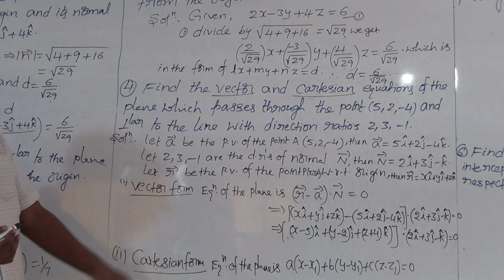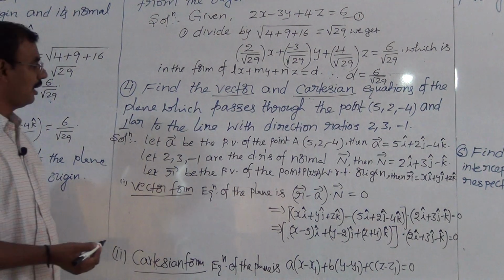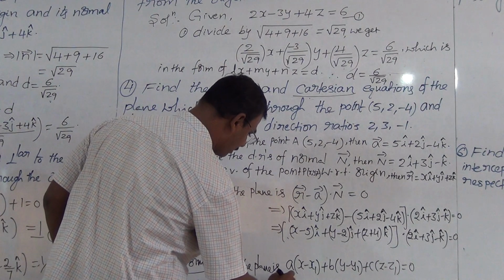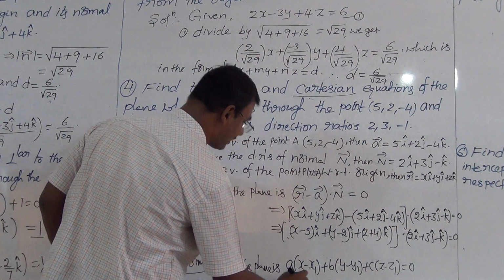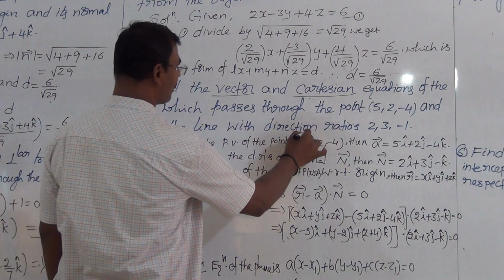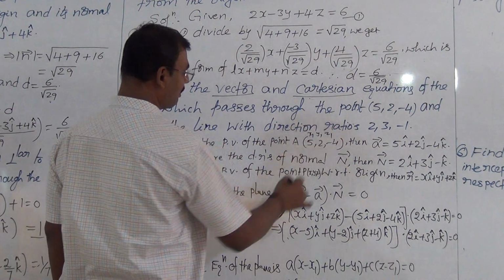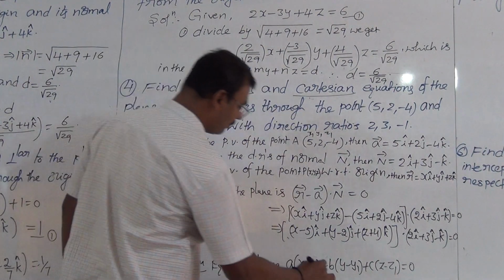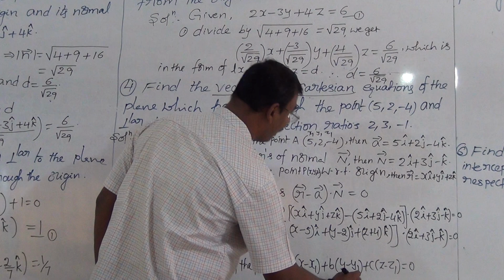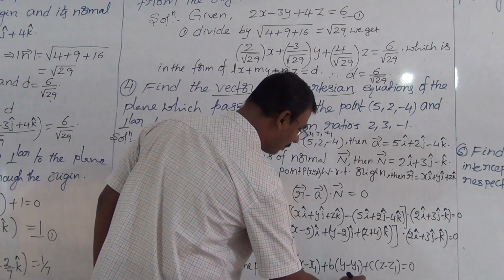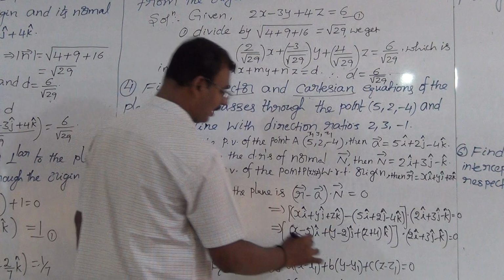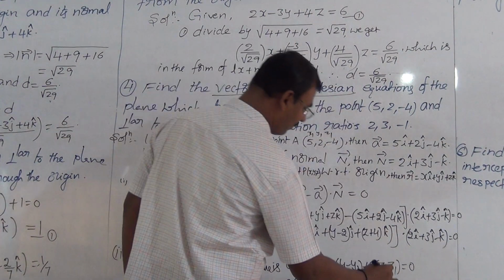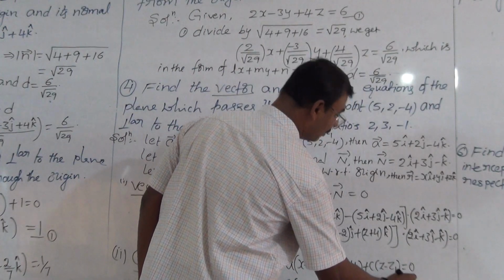Can you do this answer? Substitute only, simply. What are the a, b, c values? a, b, c are 2, 3, minus 1. So here 2(x minus x1), this is x1, y1, z1, so 5, plus 3(y minus 2) plus minus 1(z minus z1), that is minus 4, becomes plus 4, is equal to 0.